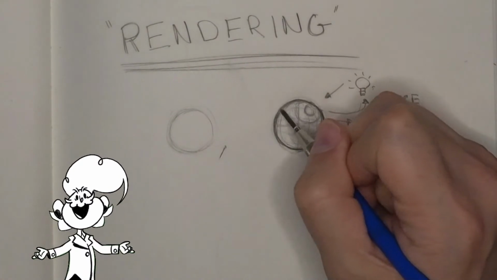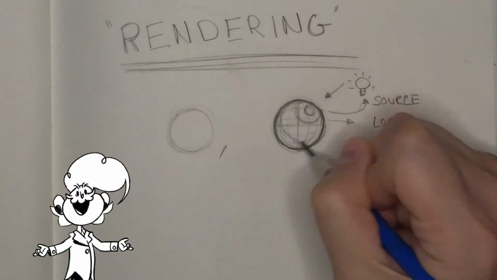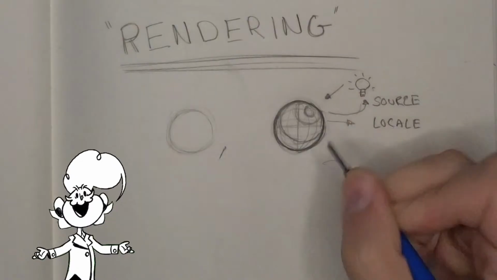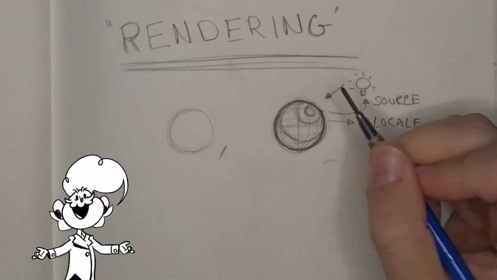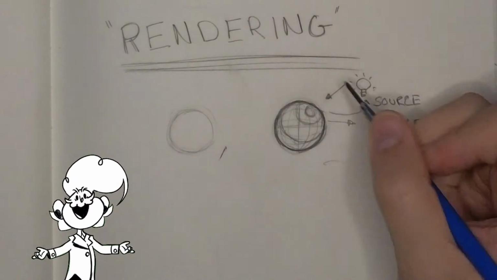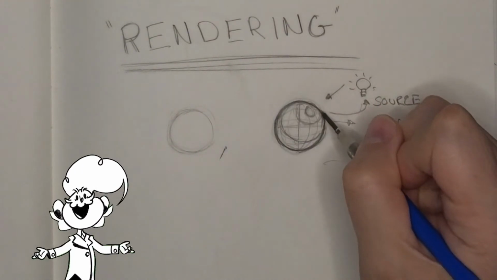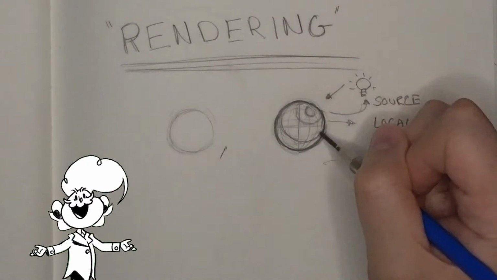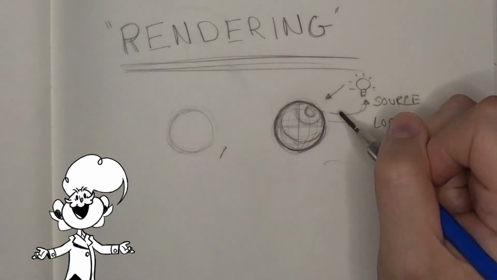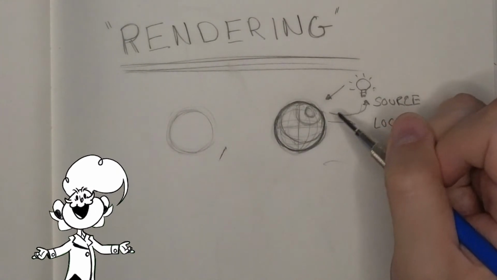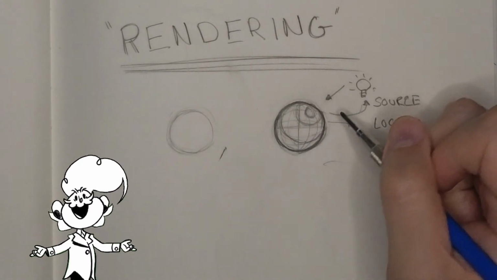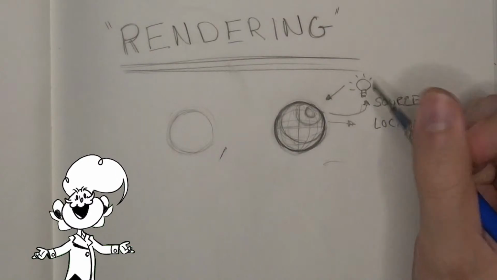But yeah, then you're going to have the shaded area, and you're actually going to have something like a bounce light. The object is never going to be by itself, right? You're never going to be drawing a character literally floating in space or some such. They're going to be in a room, right?